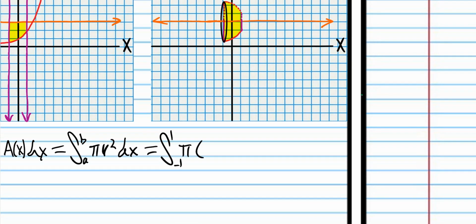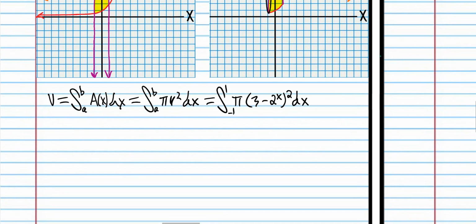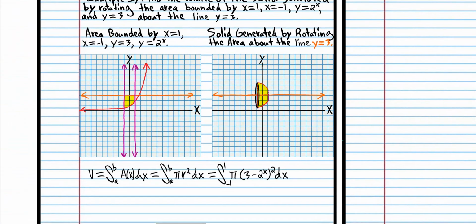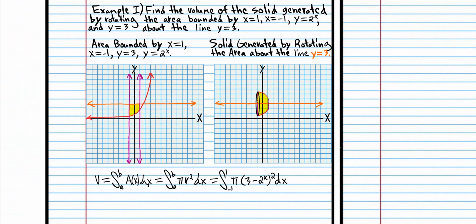So r is going to be 3 minus 2 to the x. And of course we need to square r, so it's (3 minus 2 to the x) squared. Why don't you look over that and see if that makes sense. Again, this takes more thought.